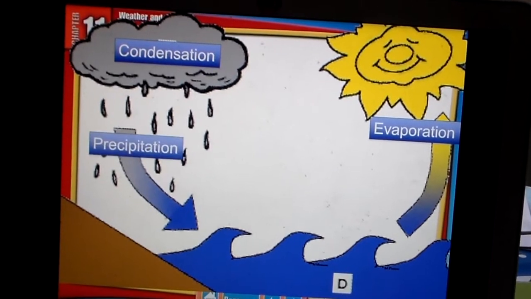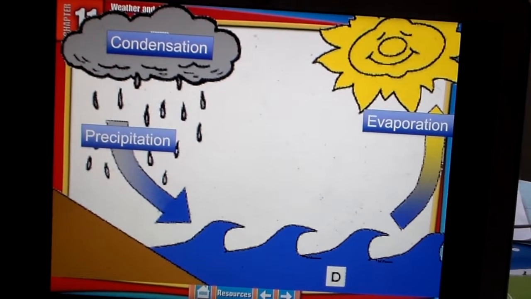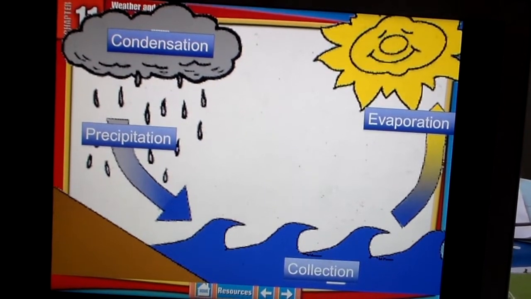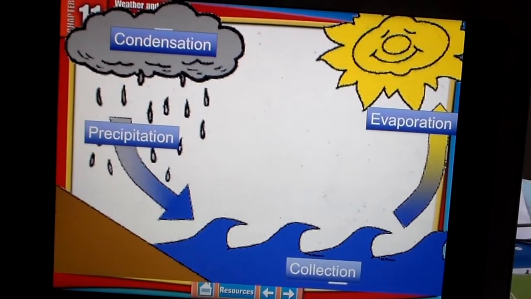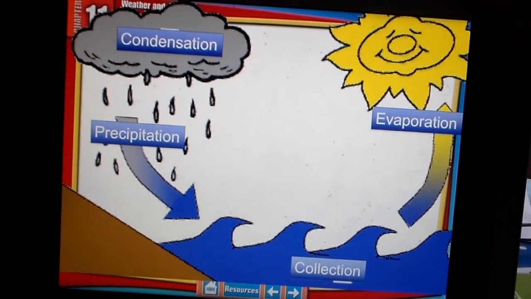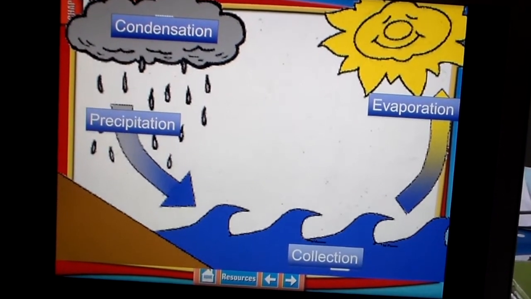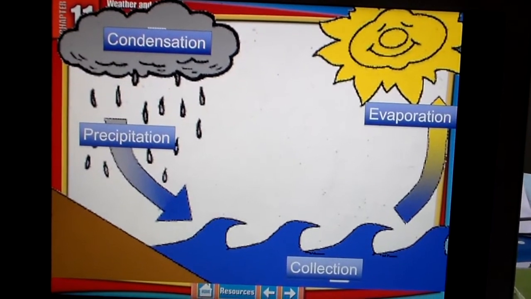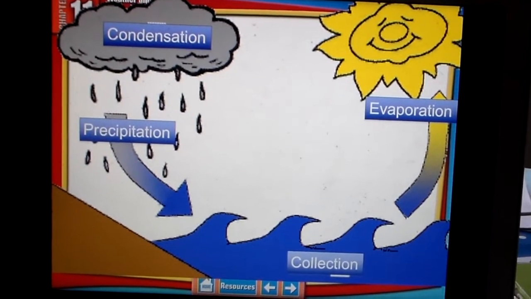And then step C is precipitation. When the cloud gets too heavy to hold the water, it comes back out. And then step D is collection, where water returns to Earth's surface and stays stored there until the whole process is ready to repeat. But let's look at a couple more vocabulary words related to the water cycle.